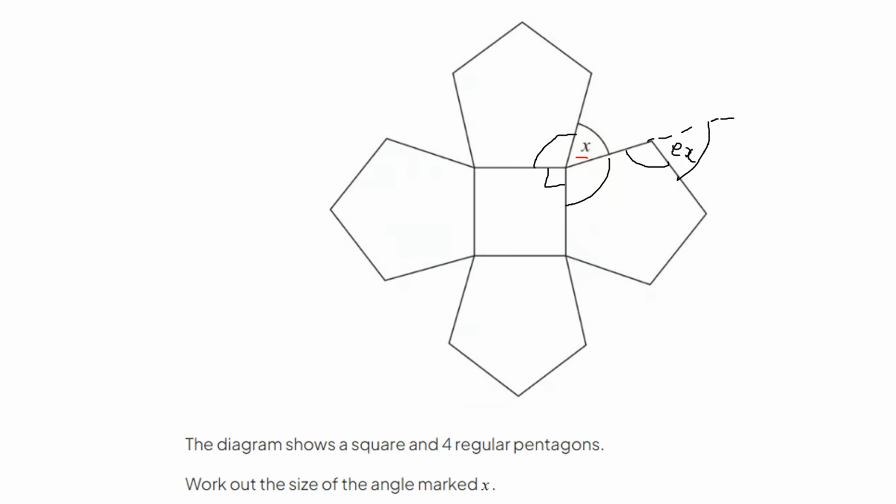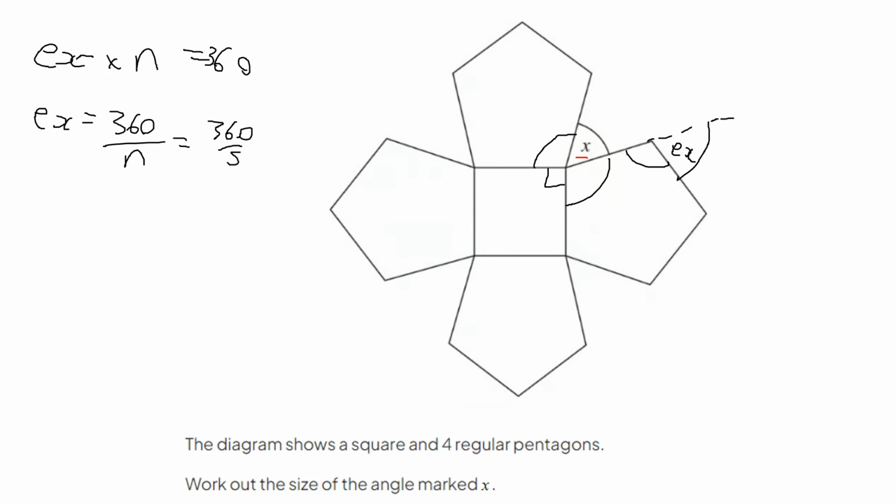So what we can say is that x times the number of sides is going to be equal to 360. And so therefore, the exterior angle is going to be 360 divided by the number of sides. In this case, the number of sides is equal to 5. 360 divided by 5 is going to be 72 degrees.